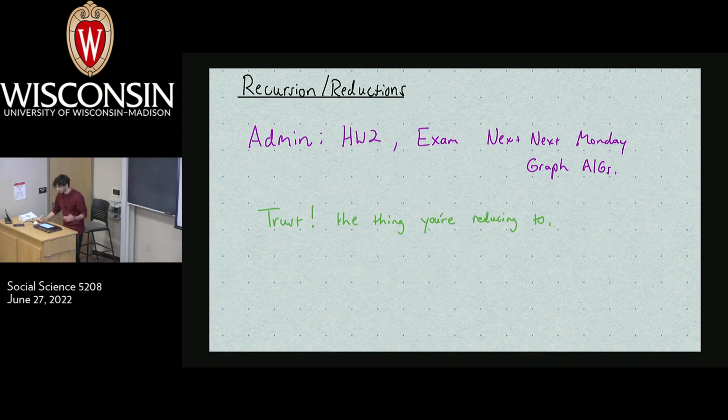For recursion specifically, this means trust the recursion fairy, don't unroll. And in general, you're reducing things all the time, even if you don't realize it.